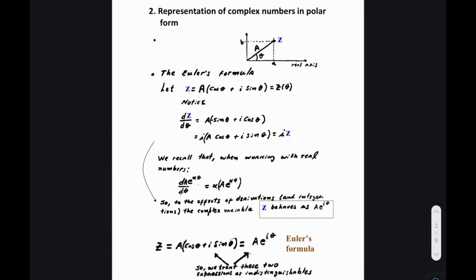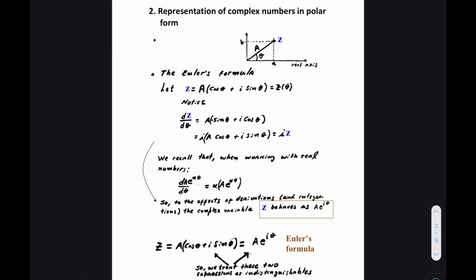Now, we can rewrite this complex number z using this modulus and this argument. As you know, a complex number is a real part plus an imaginary part, right? For this complex number z, the real part is simply a cos theta.